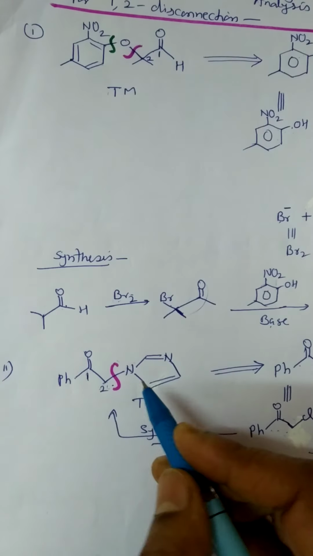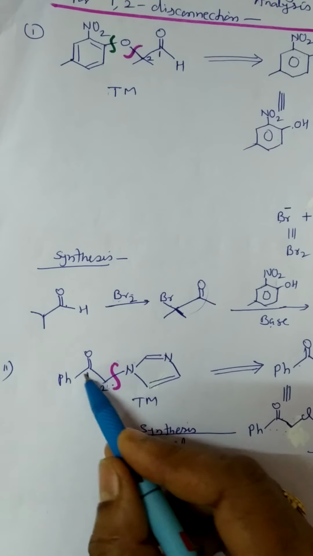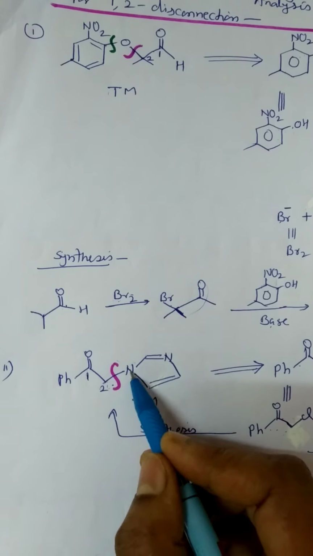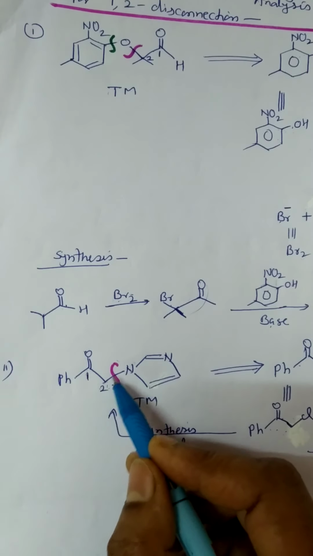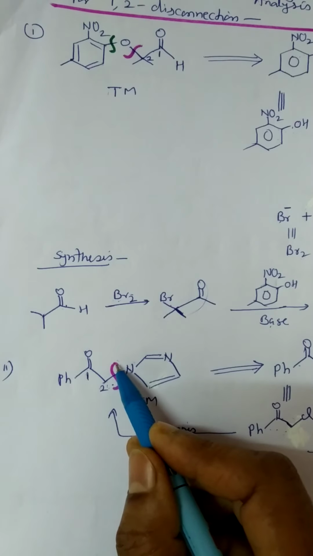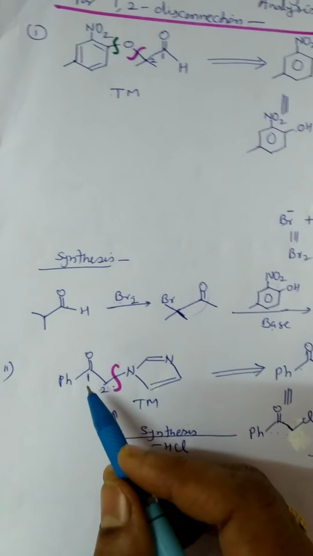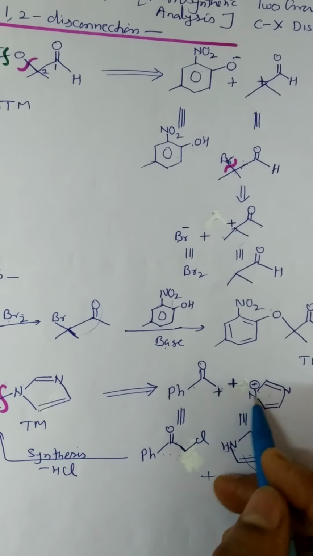The second example: here two functional groups are present at the 1, 2 position, this carbonyl group and here an amino group, and we take the disconnection after the 2 position. Therefore we disconnect from here, and after disconnection we get two synthons of this type.